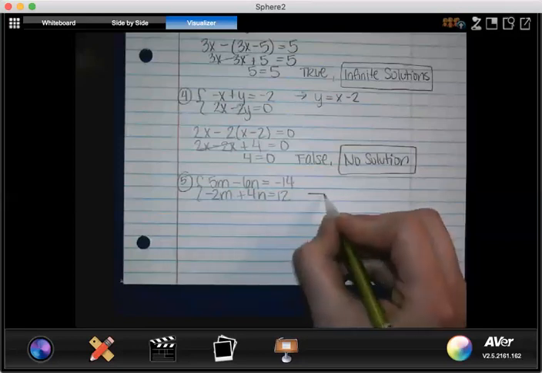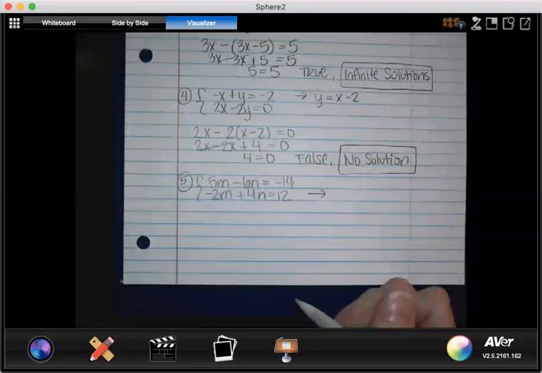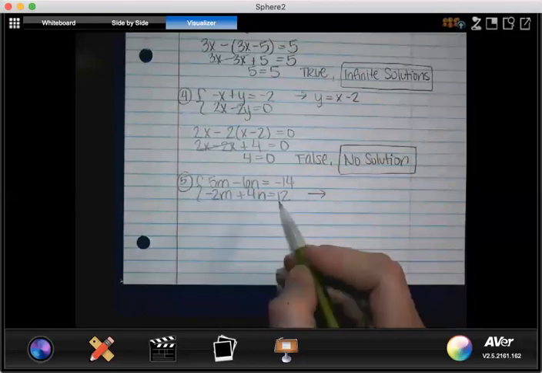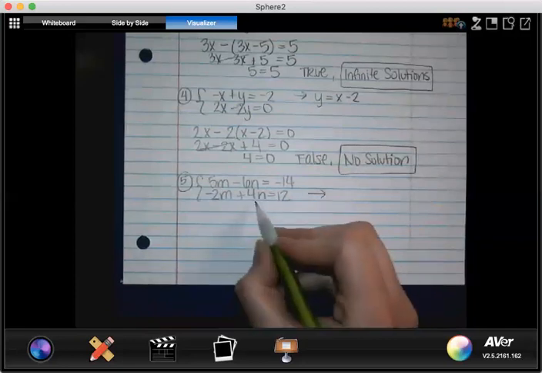So if we rearrange this, it doesn't matter which one you want to pick. You could pick m, you could pick n. It doesn't matter. You will end up with the same answer regardless. But obviously for notes, we're going to have to follow the same process. So I'm going to go ahead and say I'm going to solve for n.